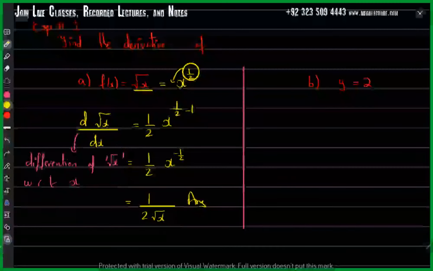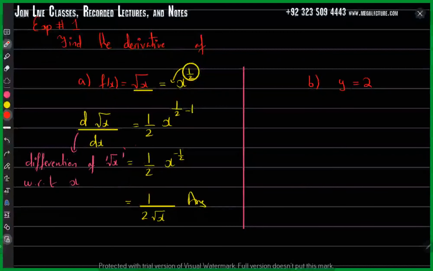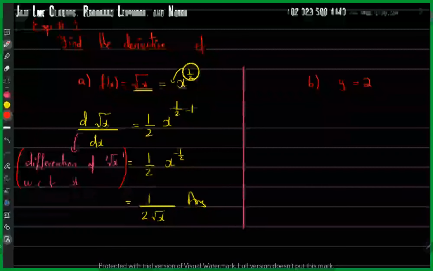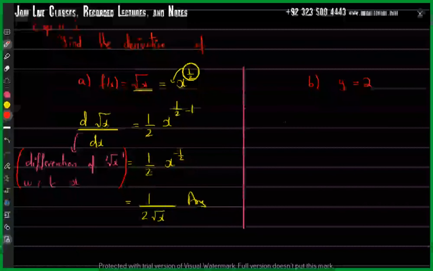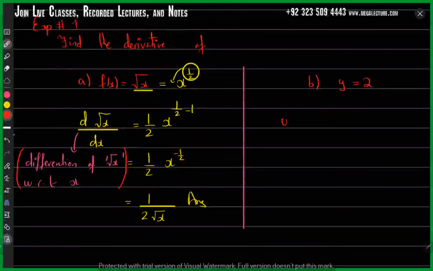So basically, in the future, you will get to see more variables in one equation. And then you will be like, okay, we are subtracting 1 from the power, we are writing the power as coefficient, but for which variable? With respect to which variable? Let's say you have something of this type, y equals x plus t squared.